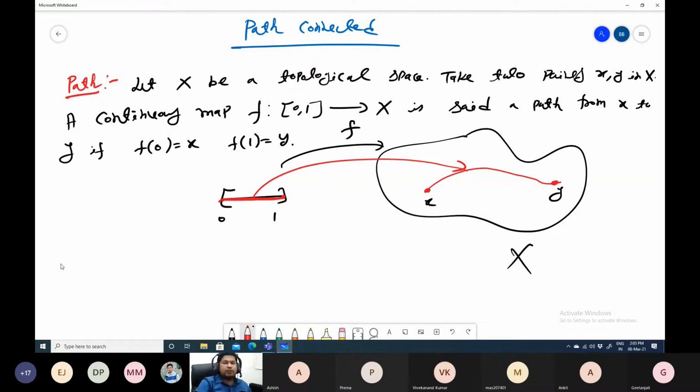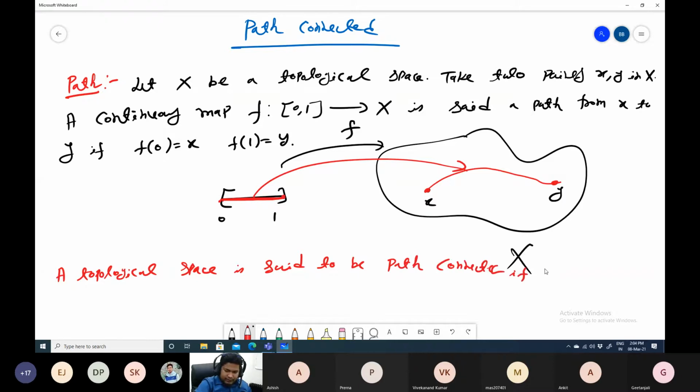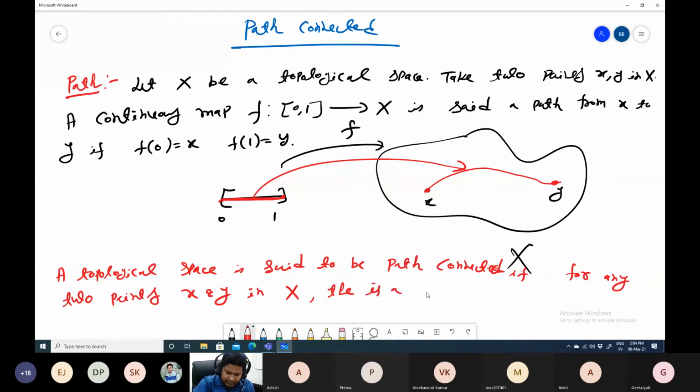Now, when we say a topological space is path connected, a topological space is said to be path connected if for any two points x and y in X there is a path between them.